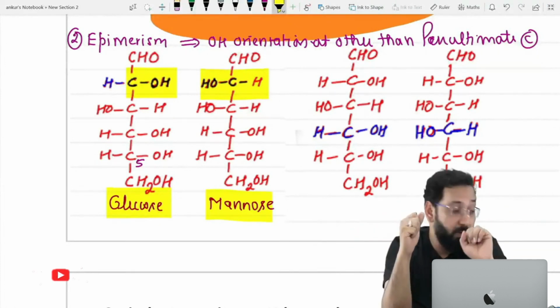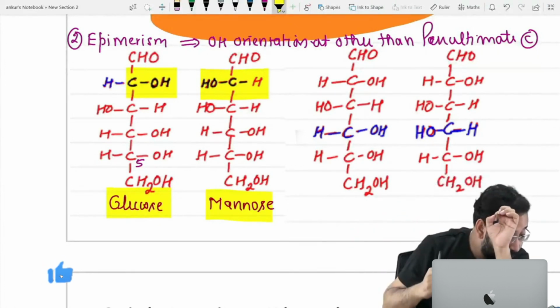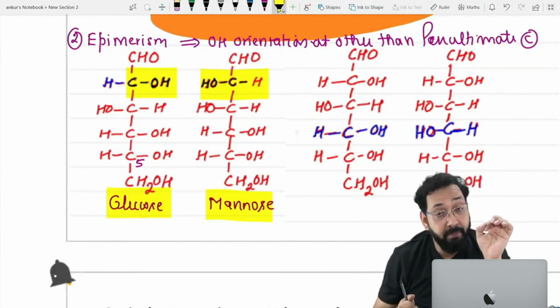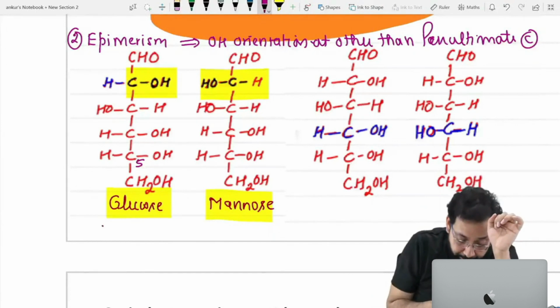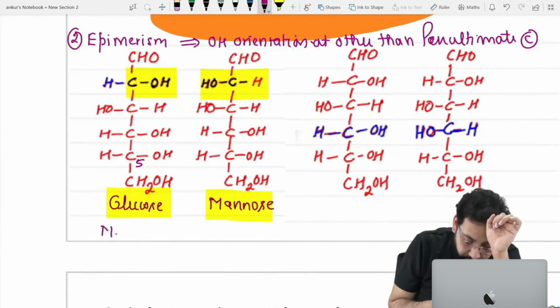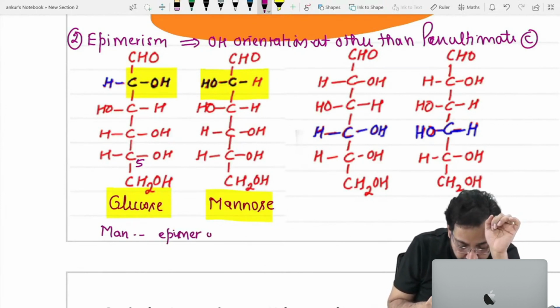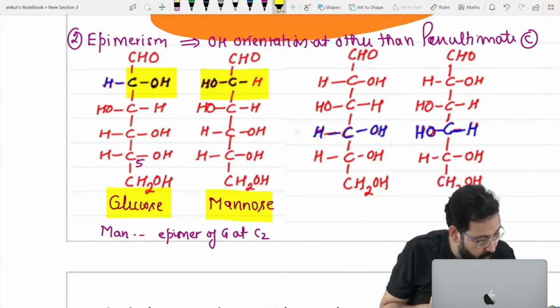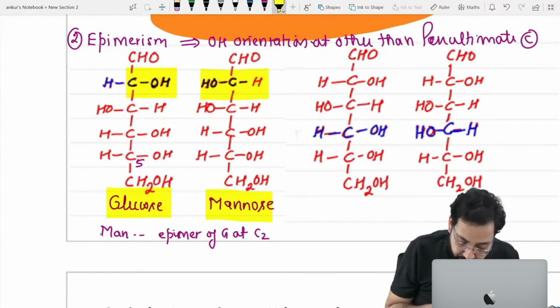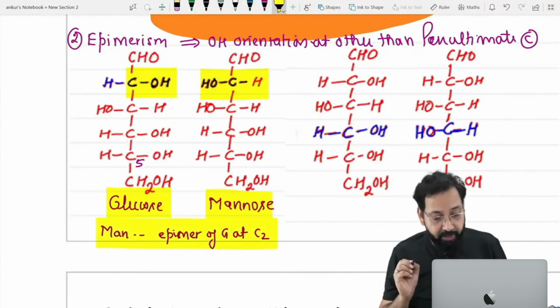So we say mannose is an epimer of glucose at carbon number 2. Question asked: mannose is an epimer of glucose at C2. Very good, you have given the correct answer.